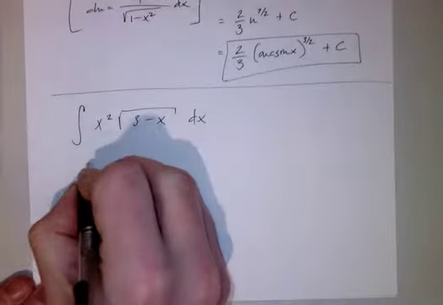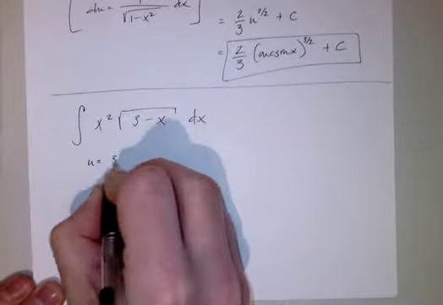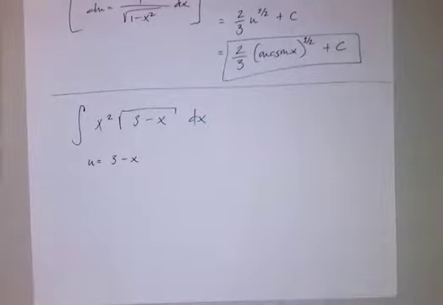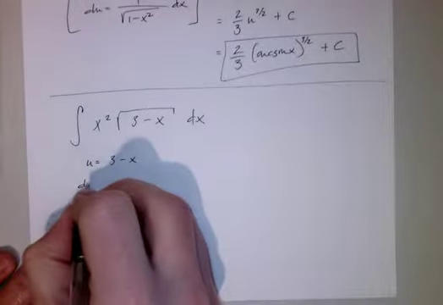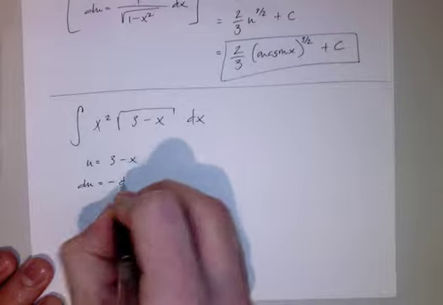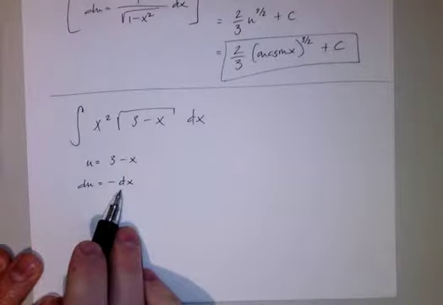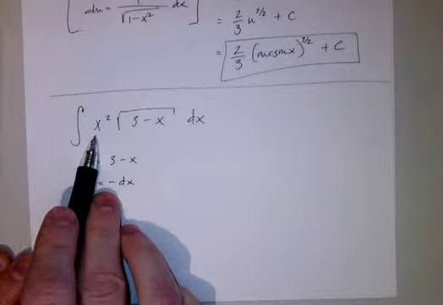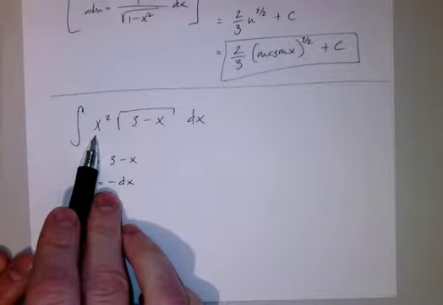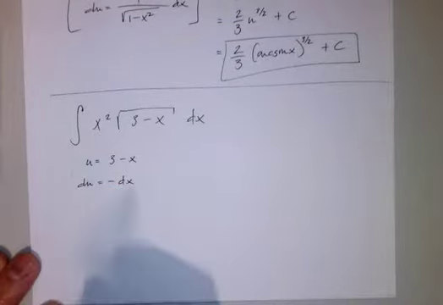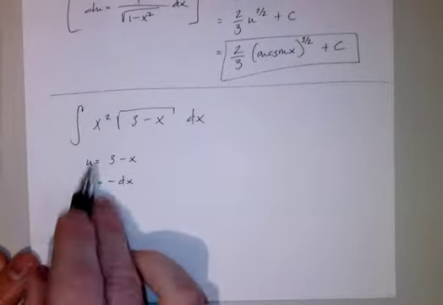I recognize that if I go with my default and make my radicand equal to u, I have a problem, because when I differentiate this in order to get my differential, I get du and negative dx, but I have this strange x squared just sort of lingering around, and the x squared is not accounted for in either one of these.